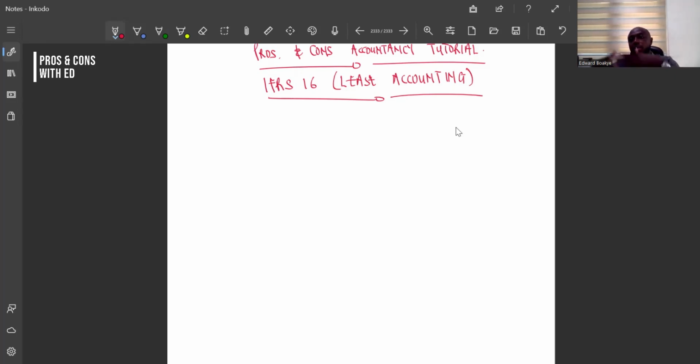The person who is giving the asset out is giving the right to someone to use the asset. The lessee is the one who is obtaining the right to use that underlying asset.